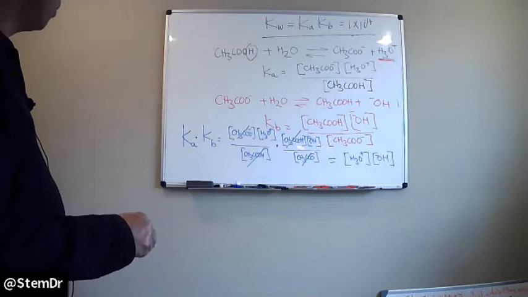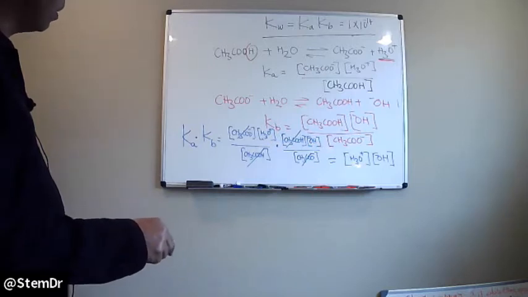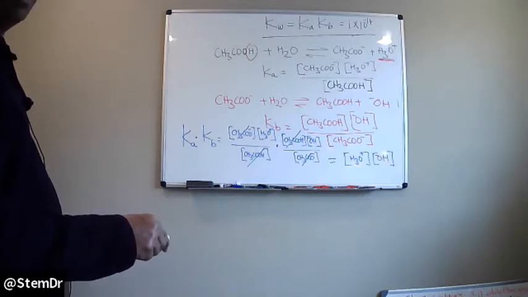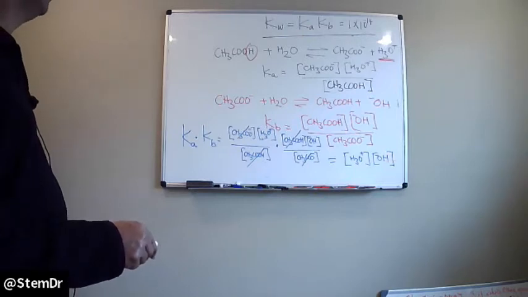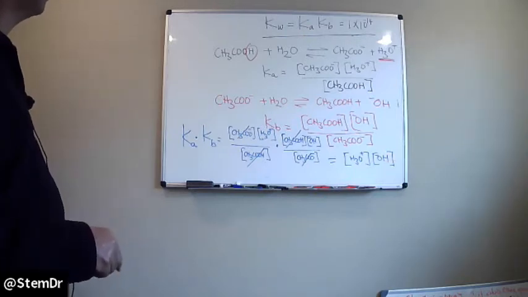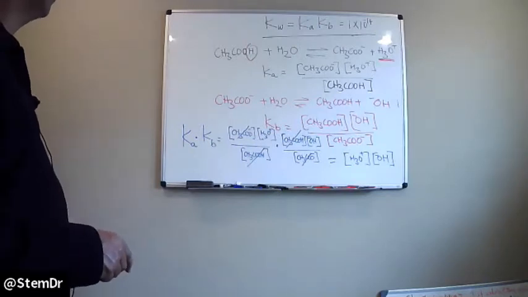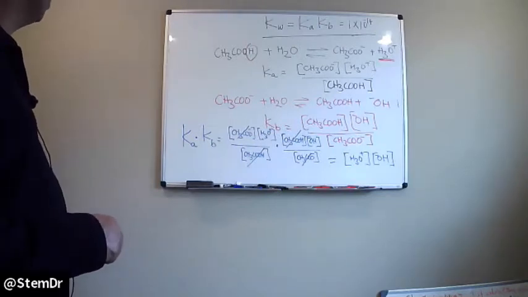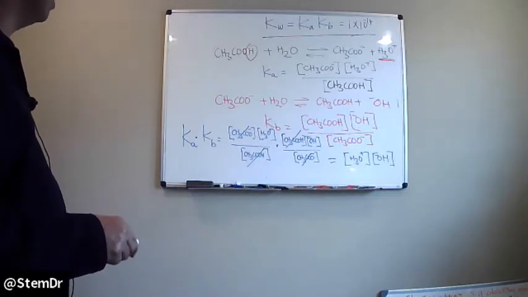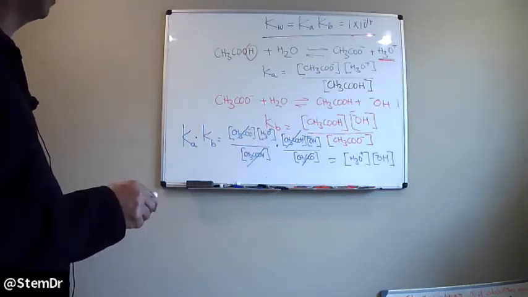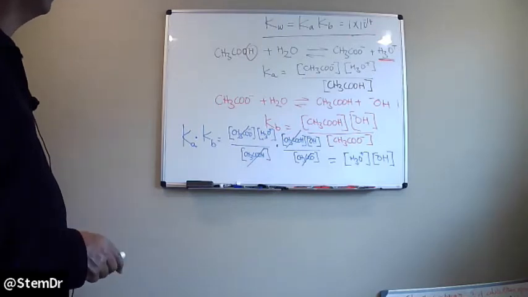Therefore, the product would be just the hydronium ion concentration times the OH minus. So we will apply this concept when we are doing real calculations in the future. For now, you only need to know Ka times Kb is constant, 1 times 10 to the minus 14.